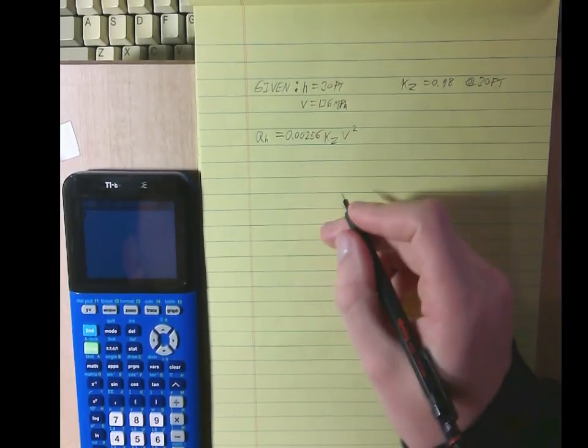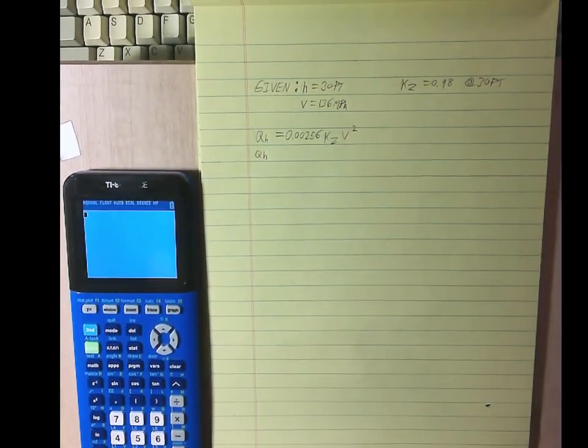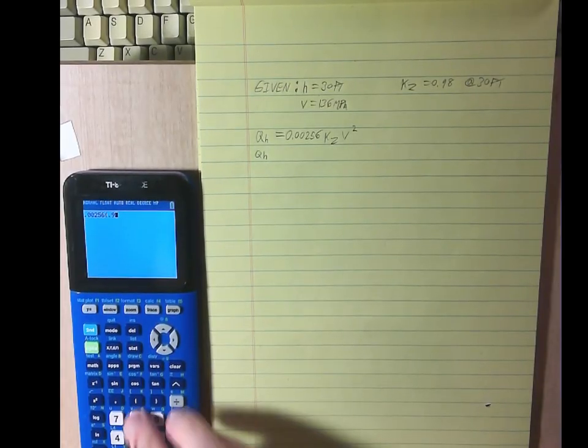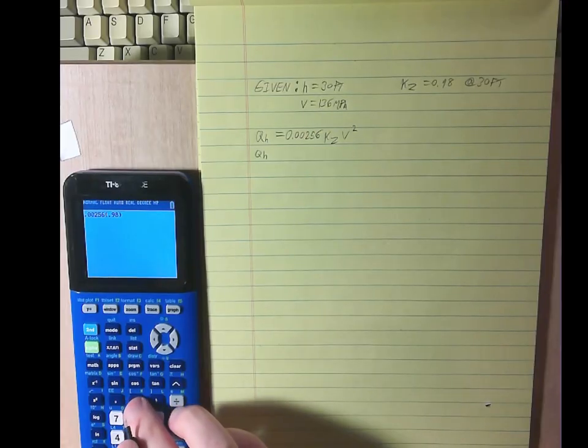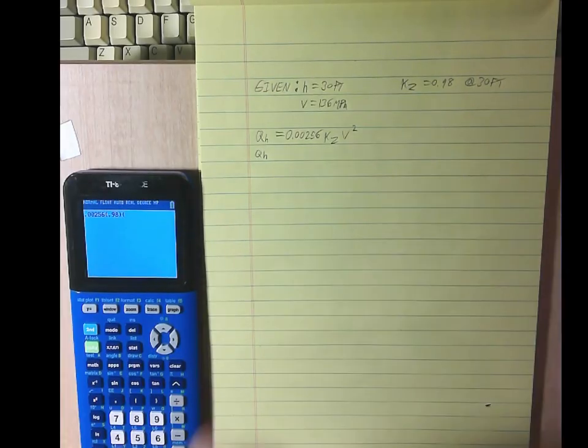Now, when we plug this in, QH is going to be 0.00256 times 0.98 times V squared. Actually, right here, this KZ, yeah, let's see what happens.